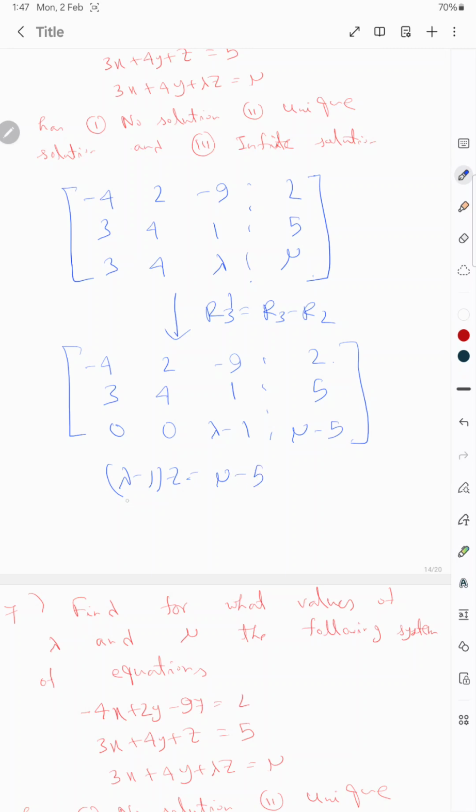So if one side is 0 and the other side is non-zero, then you have a problem, right? So for this one you require that lambda cannot be 1. If lambda minus 1 not equal to 0, implying lambda not equal to 1, then unique solution.